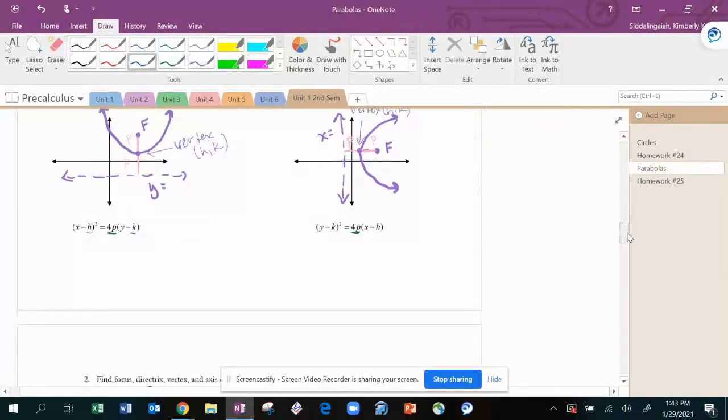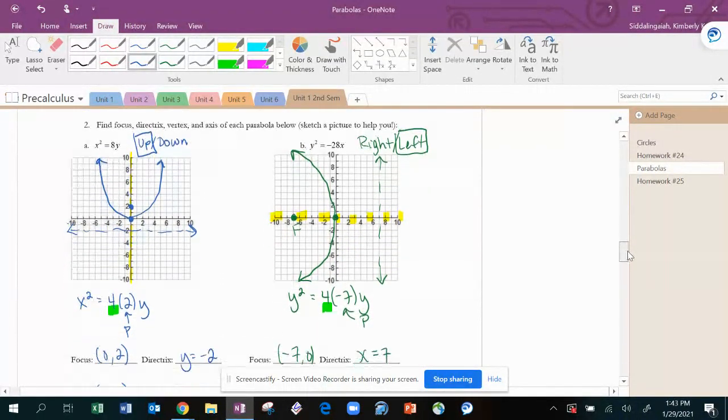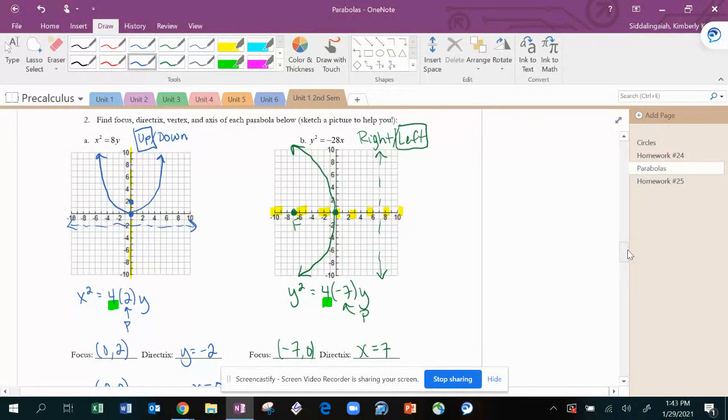So in class, we went through problem 2A and 2B. They're kind of nice problems to start with because the vertex is at the origin. Starting with a 0, 0 vertex gives you a good idea of how to work with the other stuff like the focus and the directrix.